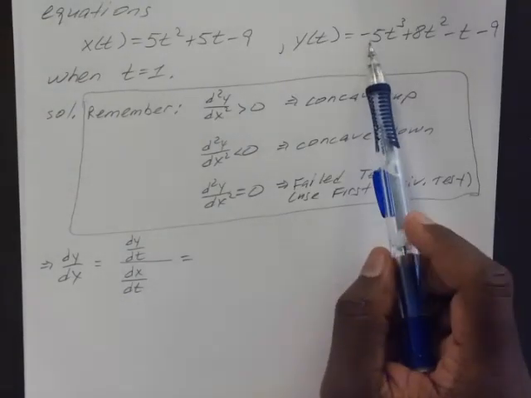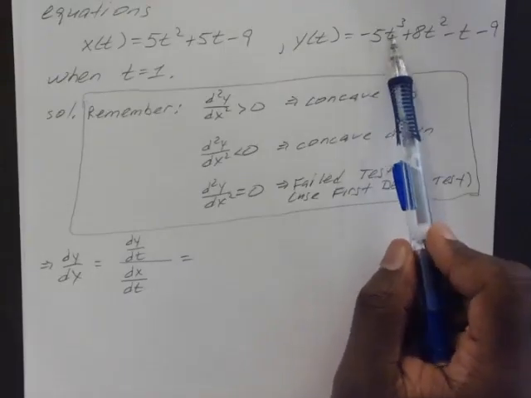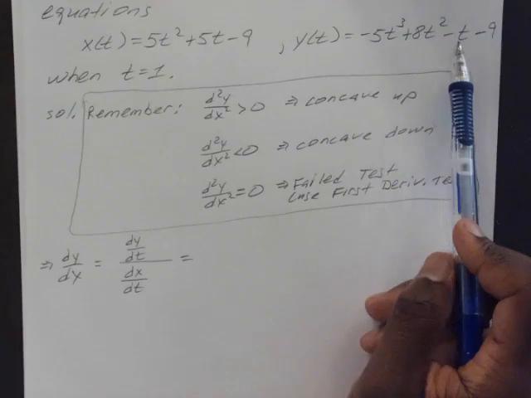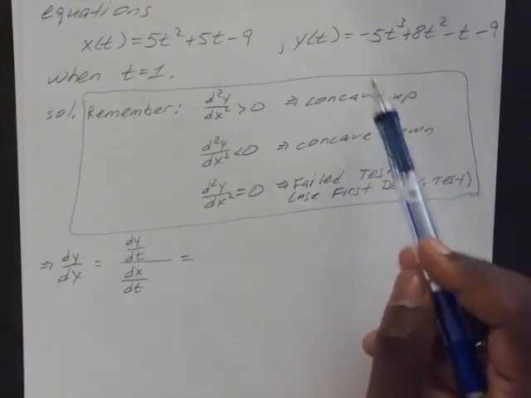Okay, so we see that y is equal to negative 15t to the third power plus 8t squared minus t minus 9.